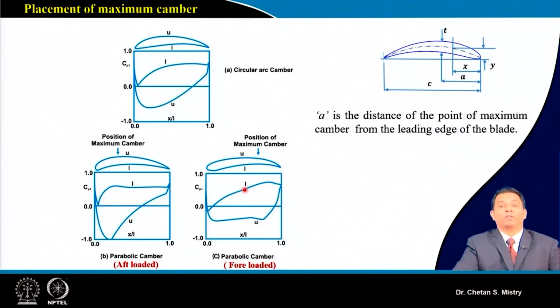So this is what we are looking for in the sense of aft loaded and forward loaded configurations. Let me tell you about a recent trend, where people define this CP distribution. They say this is the CP distribution I am expecting from this aerofoil, and based on that they initially assume some aerofoil and do inverse design.